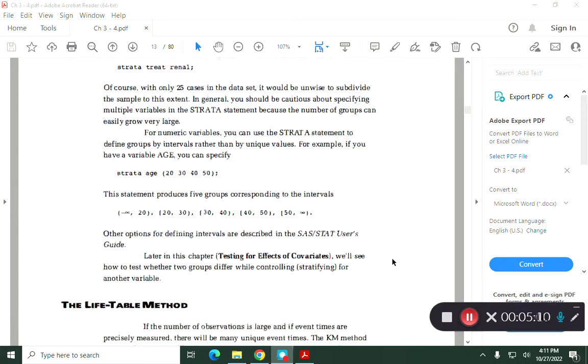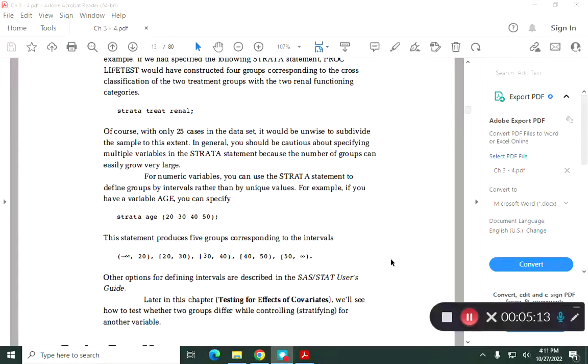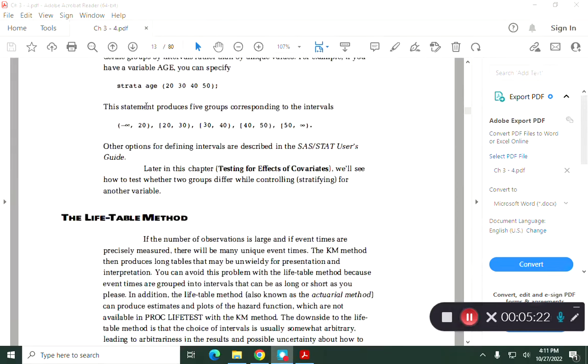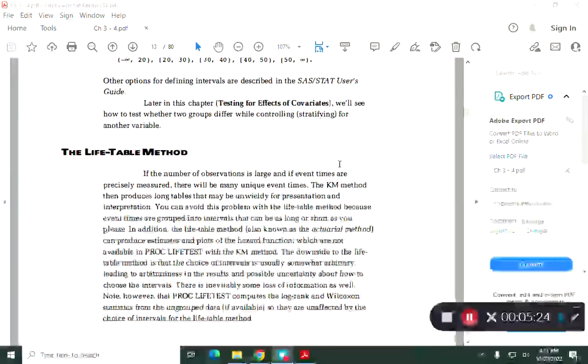You can put them in several different types of strata. You can stratify them based on different cohorts, different treatments, or different age groups.